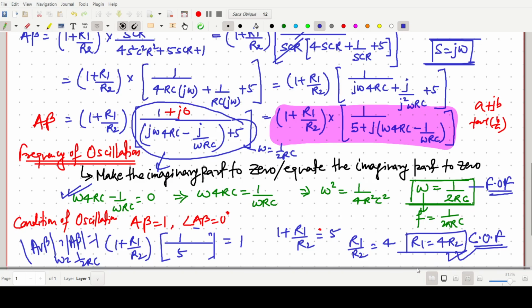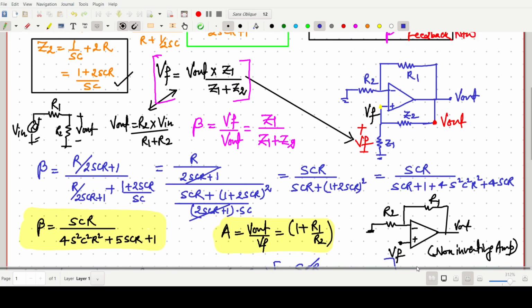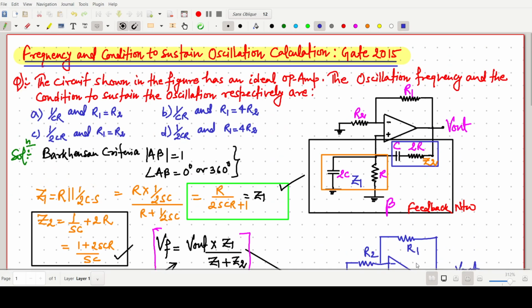So this is all about this question. Our option for this question, the frequency of oscillation is 1 by 2 RC. So 1 by 2 RC is there in option C and D, and condition R1 equals to 4 times of R2. So this one is the correct answer for this question.